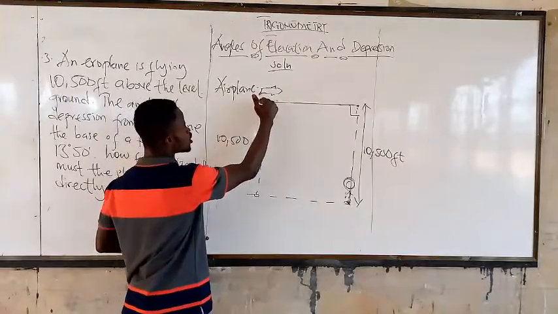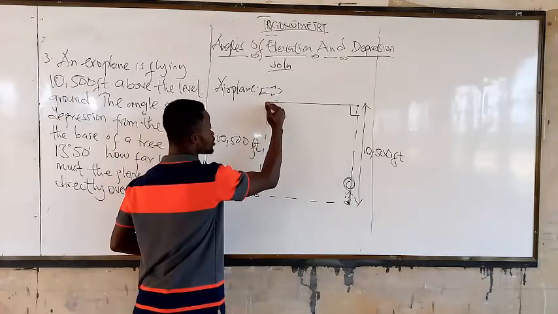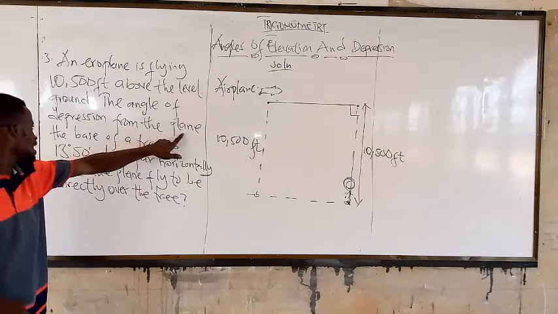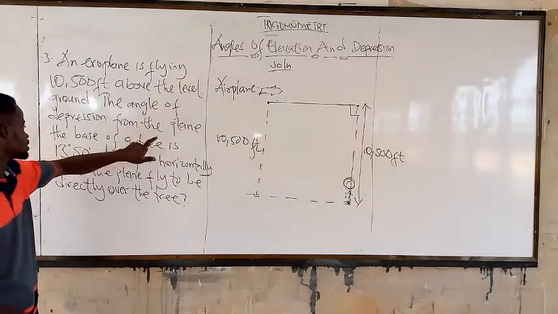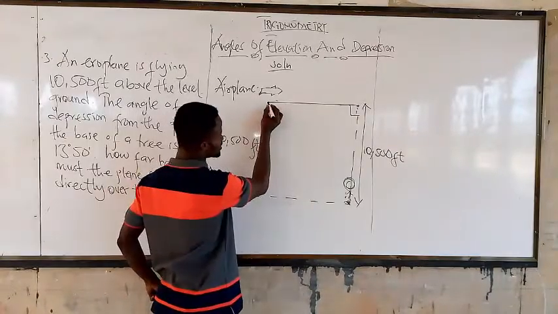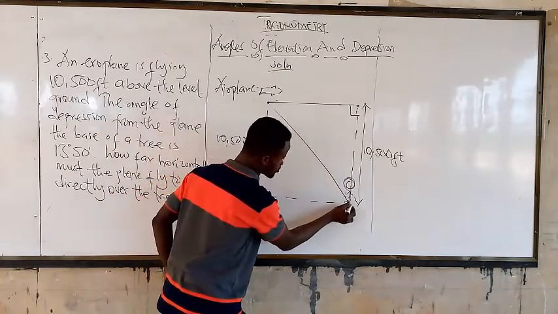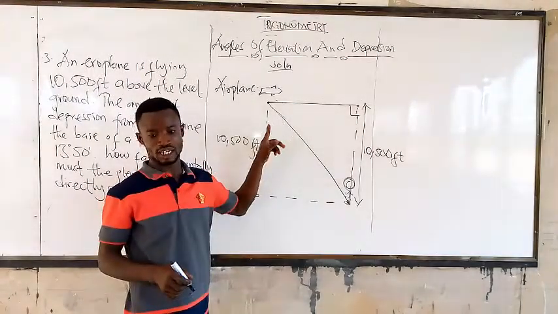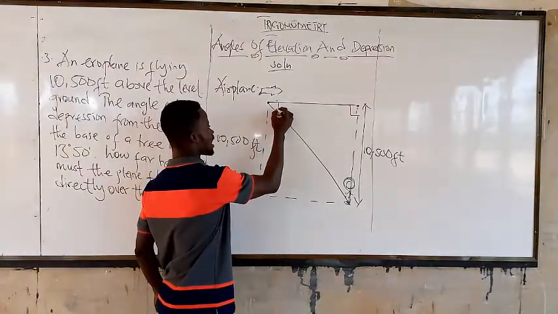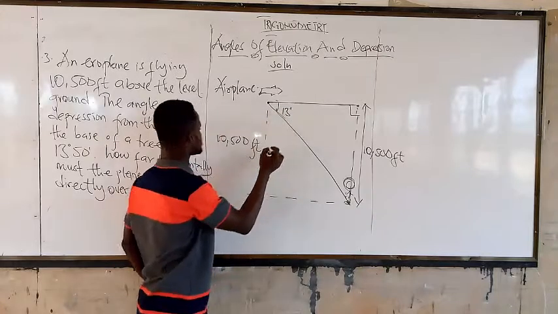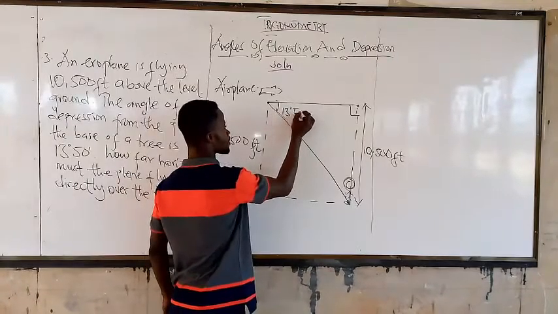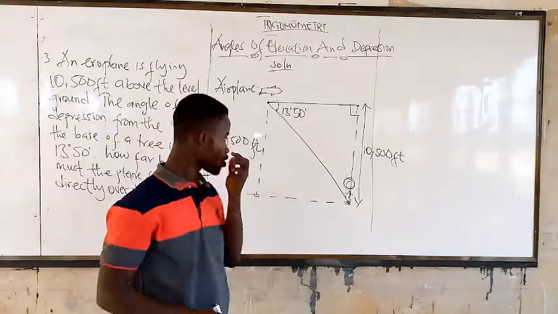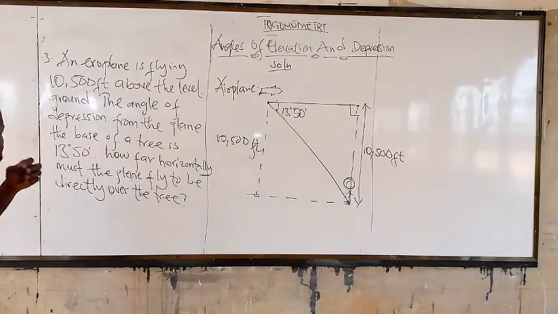So the angle of depression from the plane to the base of the tree is 13 degrees, 50 minutes. Alright, so that is that for that.